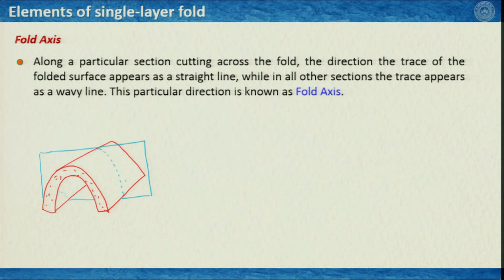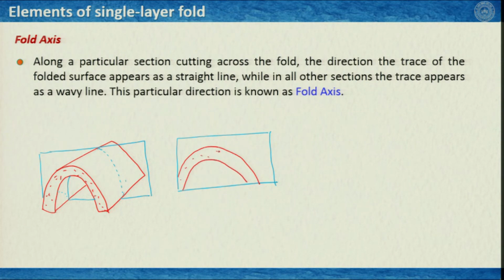Now, what we see here is that if I slice the fold along this plane, then on this plane the folded layer would appear something like that, or in other words, it is curved.